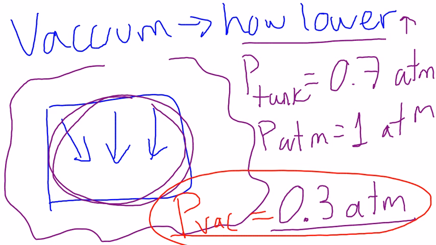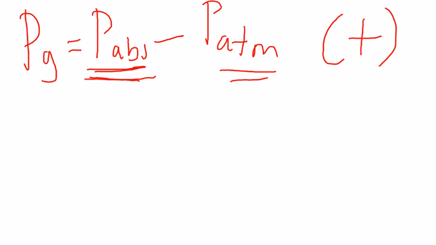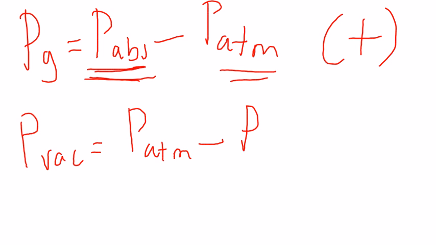Remembering everything, we define the gauge pressure to be the absolute pressure of the system minus the atmospheric pressure. Because the absolute pressure is higher than the atmosphere, this will be a positive number. The vacuum pressure will be the atmospheric pressure minus the absolute pressure of the system.